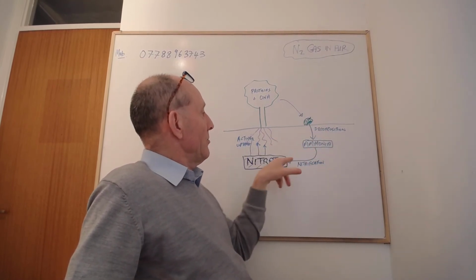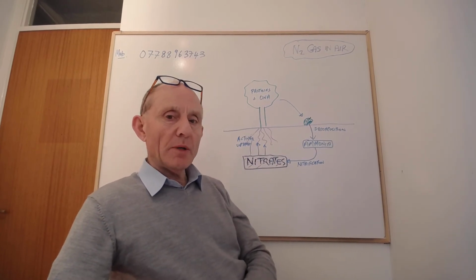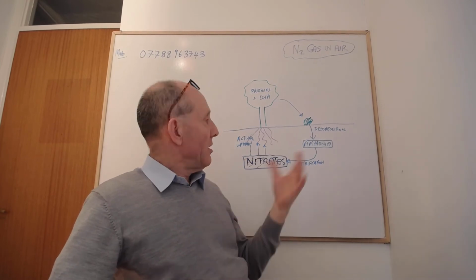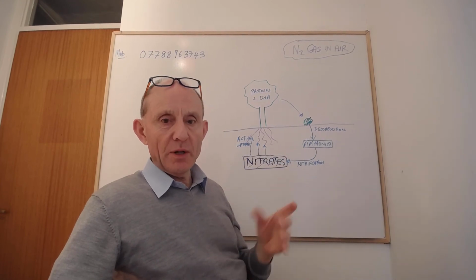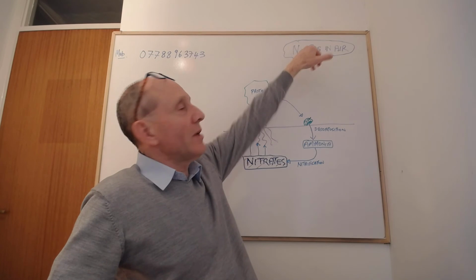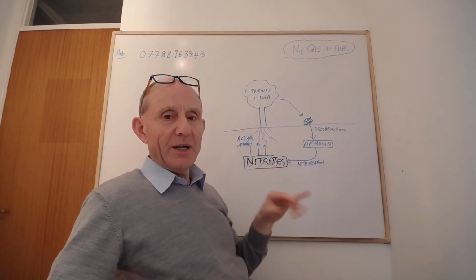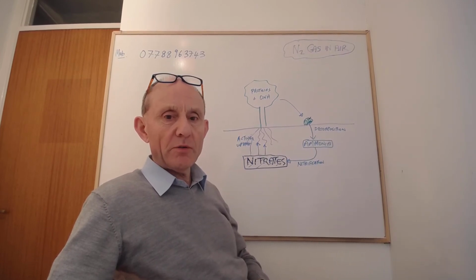These three processes, decomposition, nitrification, and active uptake, all happen much more readily and much more quickly if oxygen is available. Don't say air available. Air could mean just nitrogen, but oxygen available. So all these processes are aerobic processes that happen better when oxygen is available.